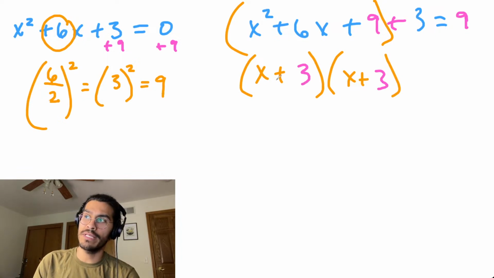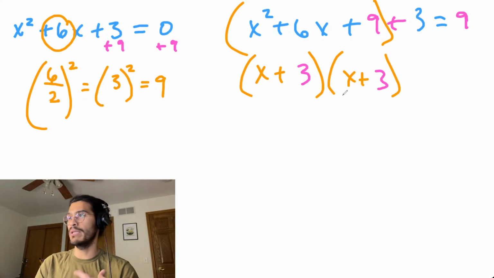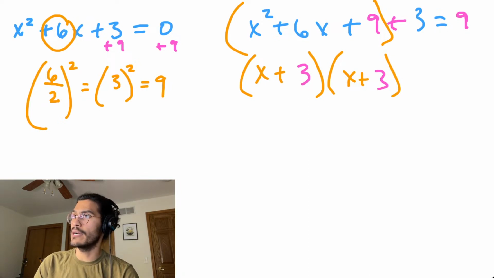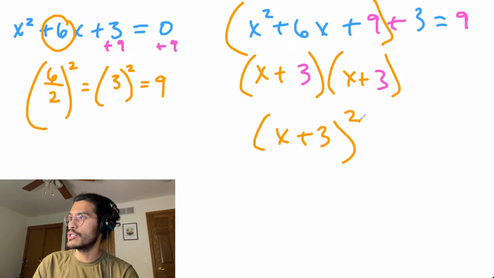If we were to square this out, you would get x squared plus 3x plus another 3x plus 9. And if you need more clarification with why squaring this out gives you that original equation, drop a comment and I'll make a more extensive video on factoring and FOILing binomials. But for right now, we have x plus 3 squared.